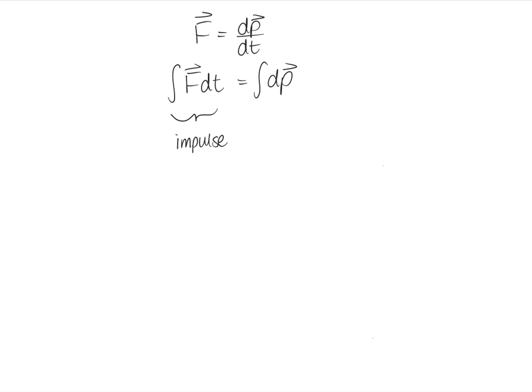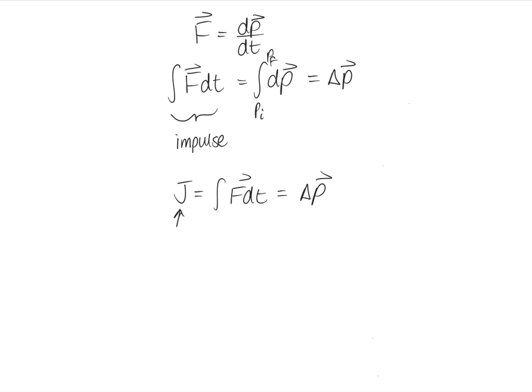The integral of dp is simply going to be the change in the momentum, because you just get P initial to P final as our endpoints. And so we call this relationship the impulse-momentum relationship.